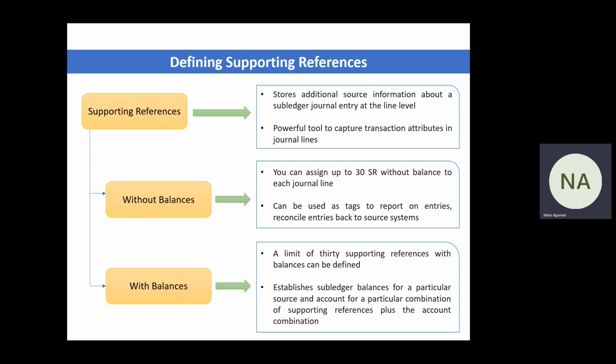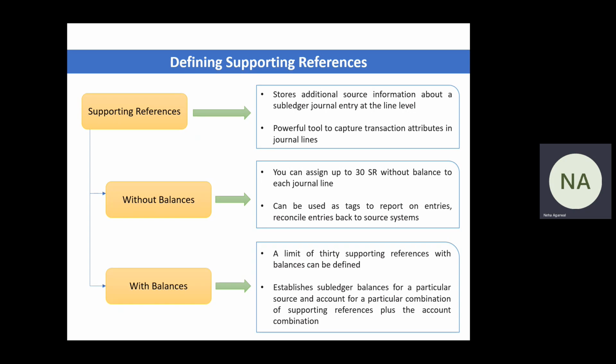So you can assign up to 30 supporting references without balances to each general line. Means in a single general line you can have 30 supporting references which will give you the information about that general line, the information that is not there in the general entry. You can use them as tags to report on entries and reconcile entries back to the source system.